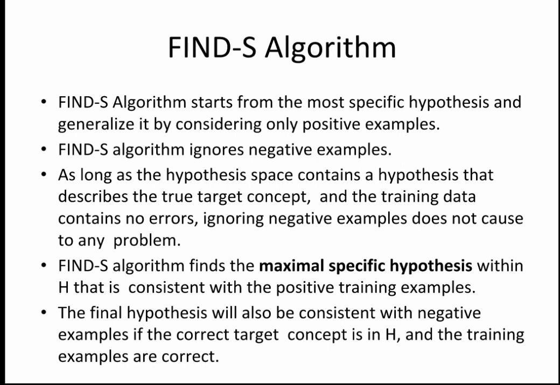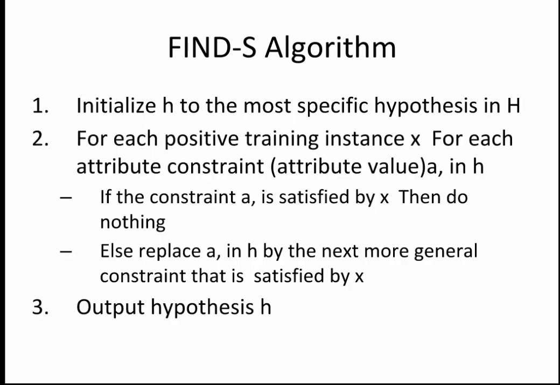Third, it only considers hypothesis updation for positive examples only. Whatever hypothesis you get after reading all the training instances could be applied on the testing instance to check whether you have a right value or not. So these are the steps that we could follow in the Find-S algorithm.